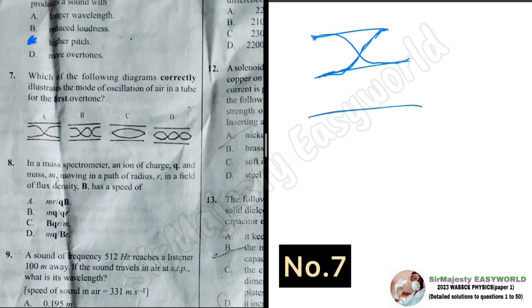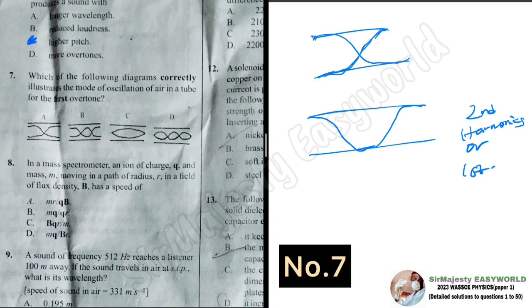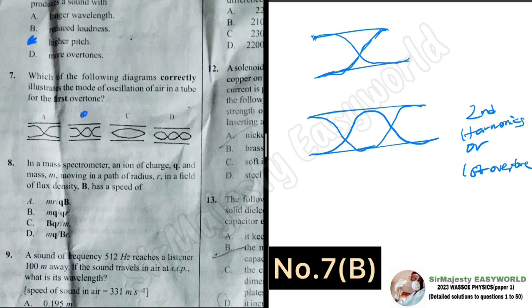So the first overtone is something like this. That's double the first harmonic, or you can also call this the second harmonic, or first overtone. It's drawn something like this with the reflected waves also here. So our correct answer to this question is B.